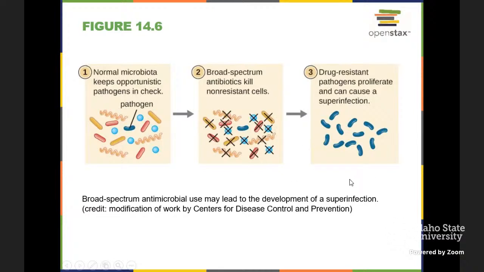So typically, trying to use narrow spectrum instead of broad spectrum helps to prevent these situations from occurring in the first place, not allowing the bulk of them to get wiped out.